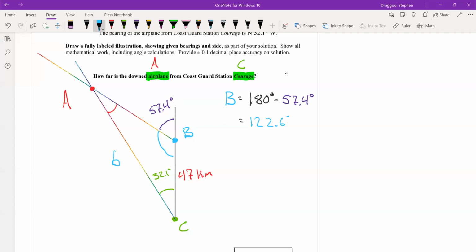And then I want angle A, which is in red. So I know that all three angles have to add up to 180. So I want 180 minus 32.1 minus 122.6. And that in turn is 25.3.